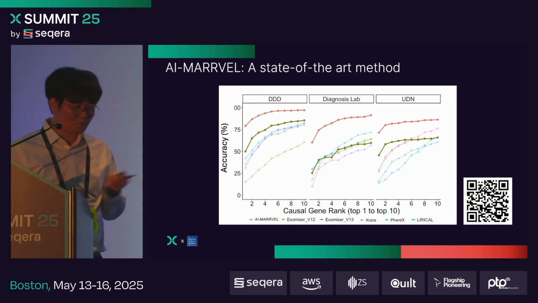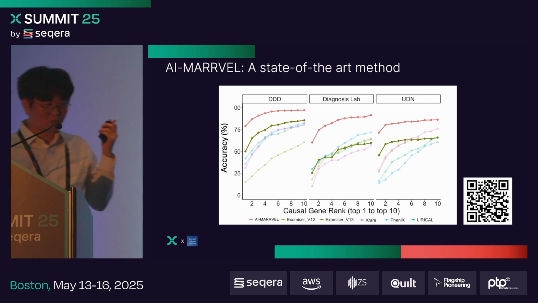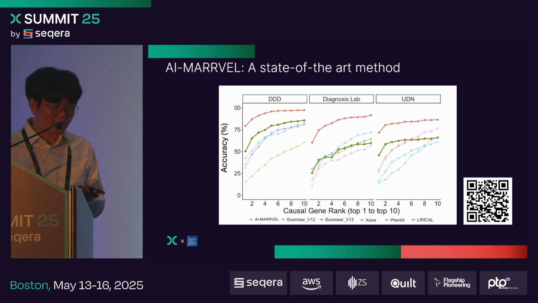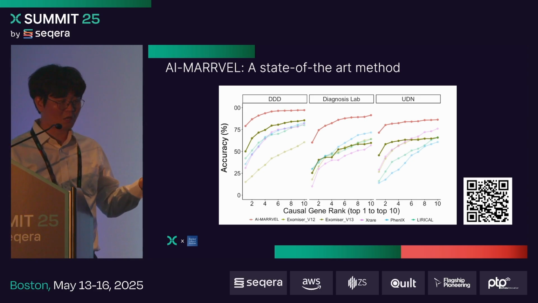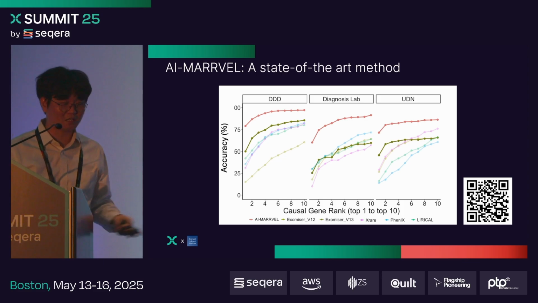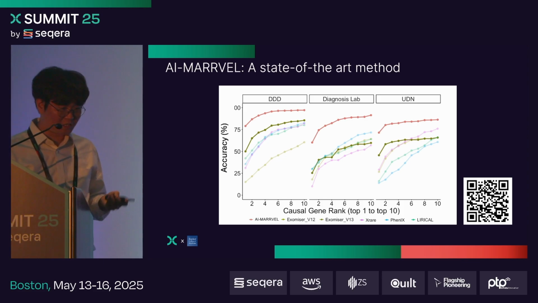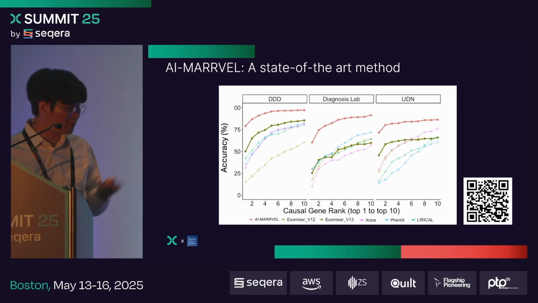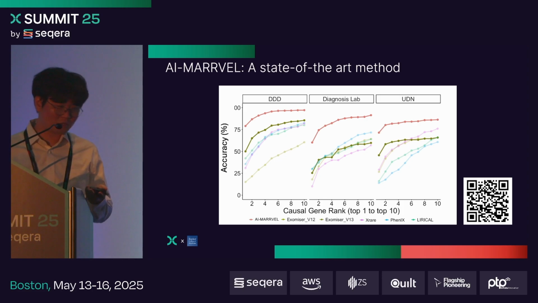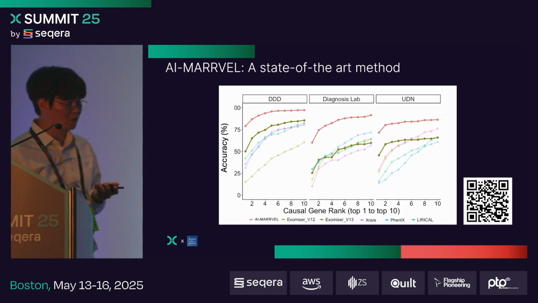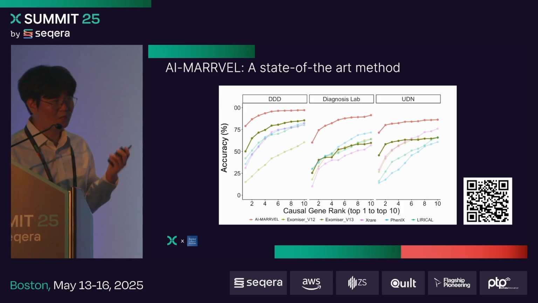This is an updated version of the benchmarking. The previous publications show that our recall rate for detecting the causative gene is better than other tools. The red line is our AI-MARRVEL, and there are other tools, and in the middle is the data set from Baylor Genetics.